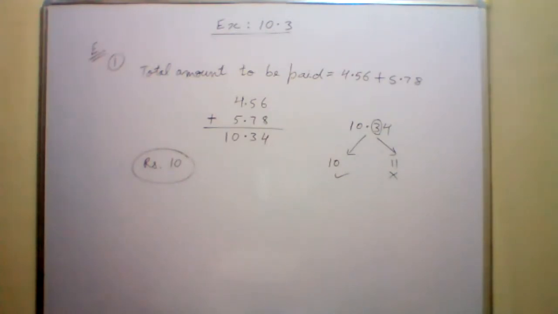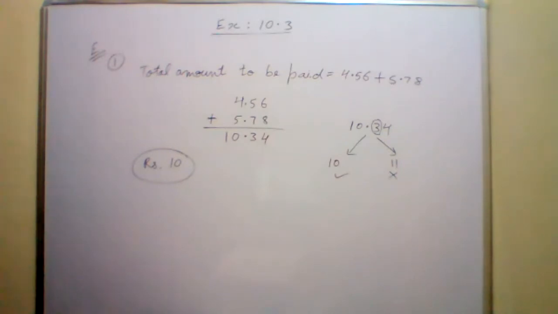Sir, in the second question it is written a bottle contains 45.78 liters of water and another jug contains 38.65 liters of water. Find the total amount of water and round it up to the nearest liter.